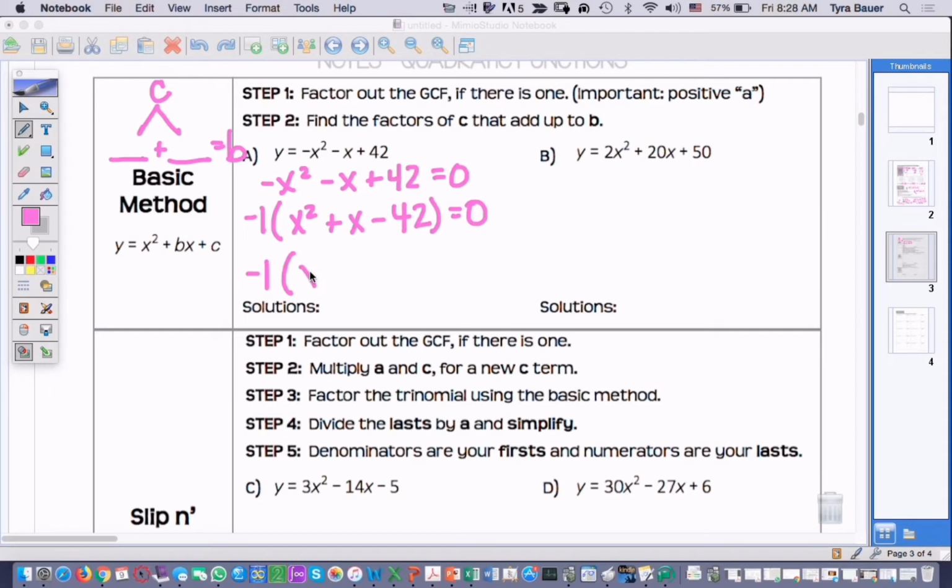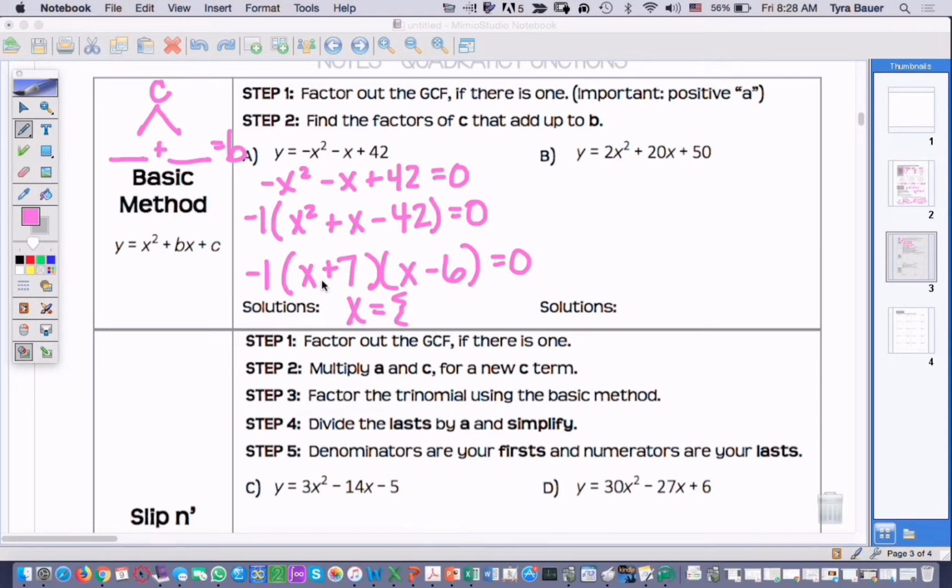Now I'm going to factor this middle part. What factors of 42, when added together, will give me 1? Okay, which one's negative, which one's positive?